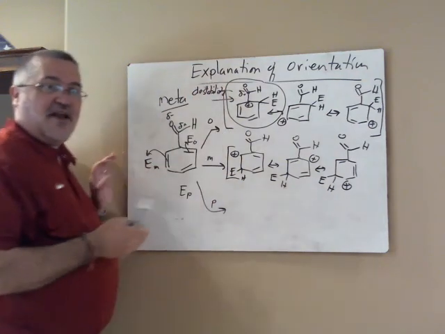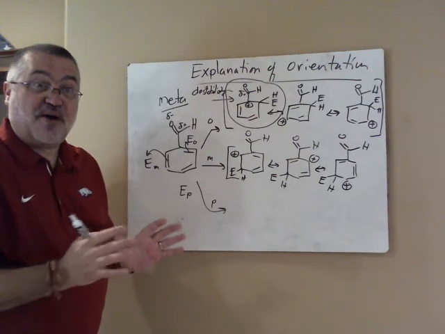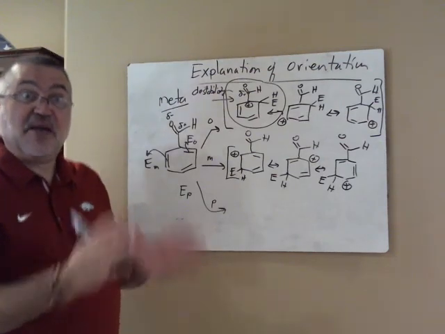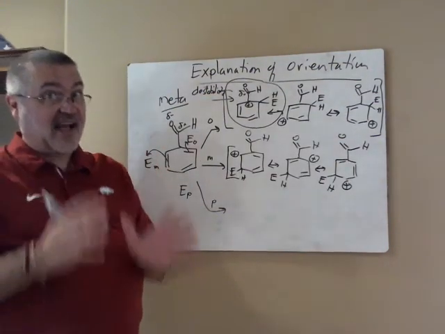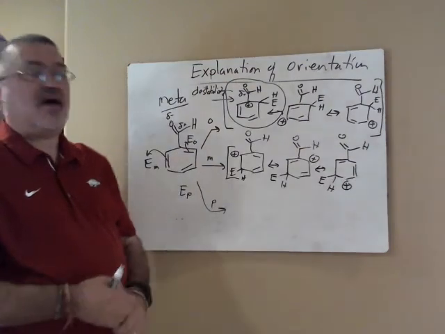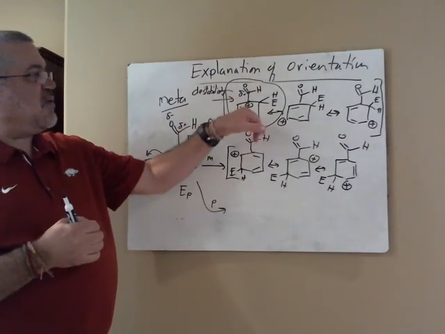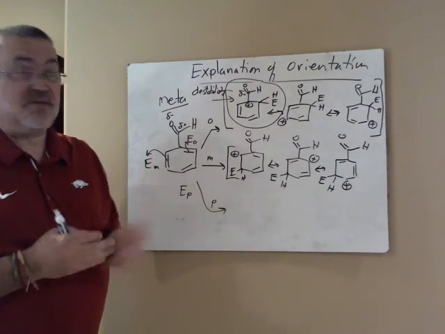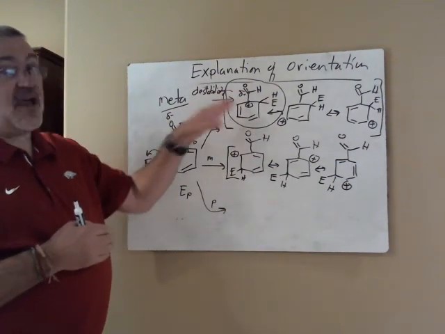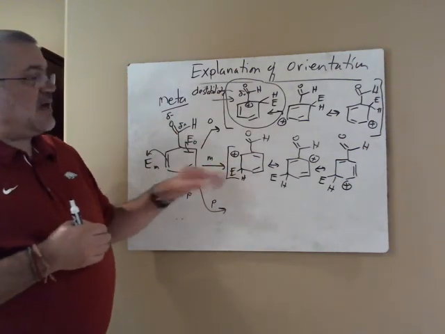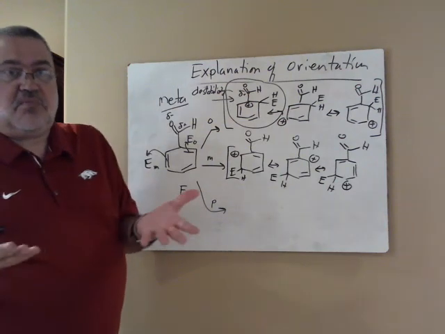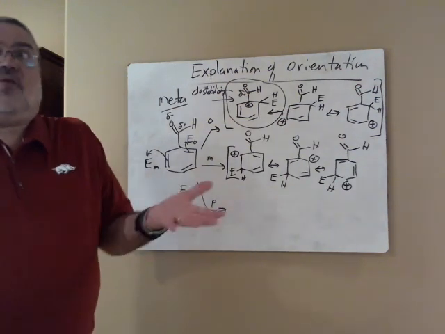Okay, so again, it's not that one of these pathways is more stable, because that would be an activating pathway. Here it's that the ortho is destabilized, and so the meta is just not destabilized.